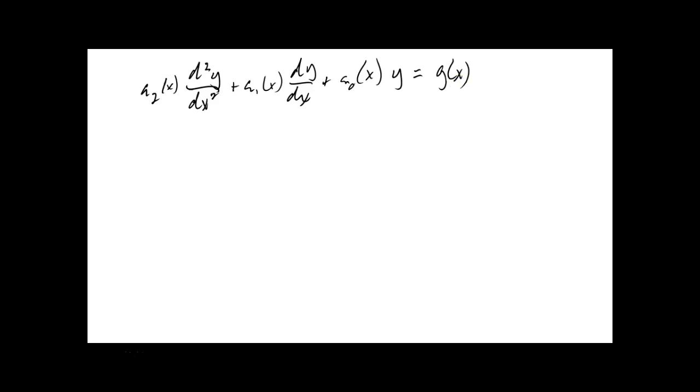Now, if this was subject to y at value a is equal to some value y0, but y at some other value b is equal to y1. Or even y0. It doesn't matter. It doesn't have to be a different number, but it's just some constant. That is not an initial value problem because the a and the b obviously are different values. If they're the same value, this doesn't even make sense.